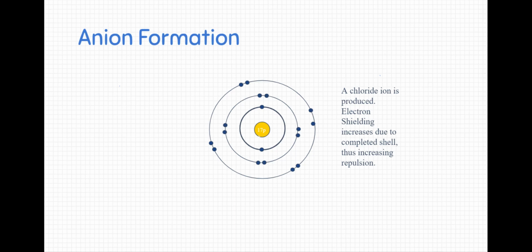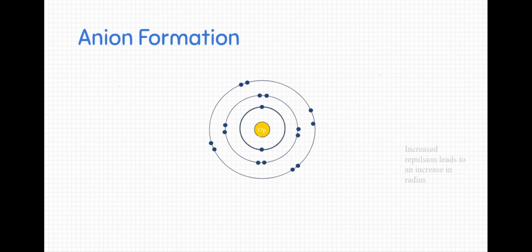But now we have an extra complete shell of electrons, that outer shell, and this increases shielding. Therefore, we're going to increase the electron repulsion. As a result, the size of the ion increases compared with the size of the original atom.